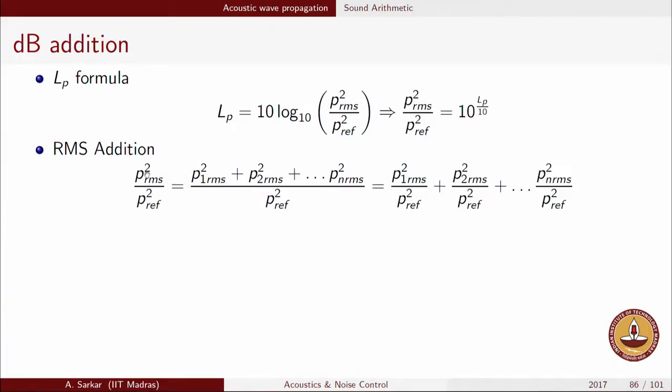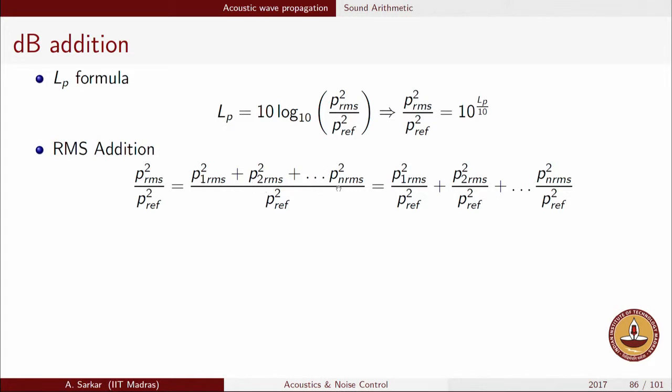Now, the question is, if you have multiple sources, let us say multiple sources emanating sound at different frequencies, then we understand that the mean square of the total sound pressure is going to be the addition of the mean square of the sound pressures emitted by individual sources.